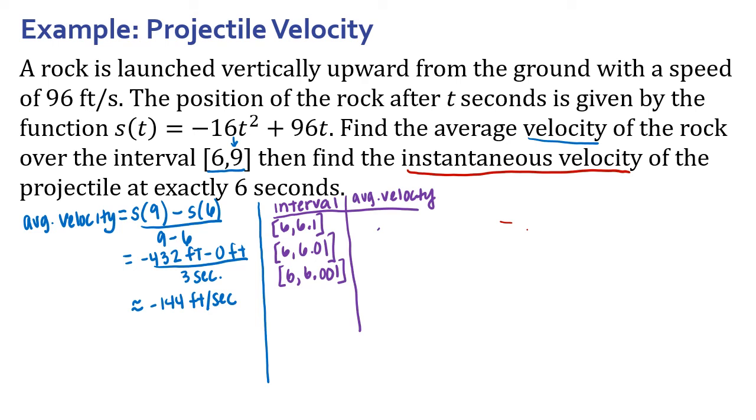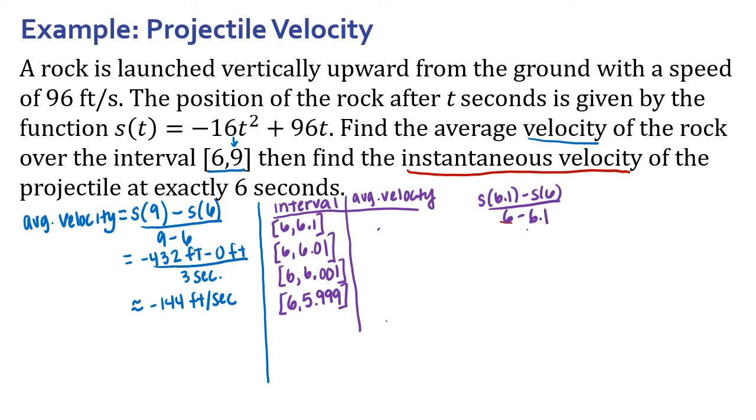Now, we don't want to just look at what happens as it is leaving 6 seconds. We also want to look at what happens as we're approaching it. So I'm just going to do 5.99, and I'll leave it up to you to do the other ones. So let's figure this out. If I'm looking at the average velocity between time 6 and 6.1 seconds, what's that velocity there? That's going to, again, be s of 6.1 minus s of 6 all over 6 minus 6.1.